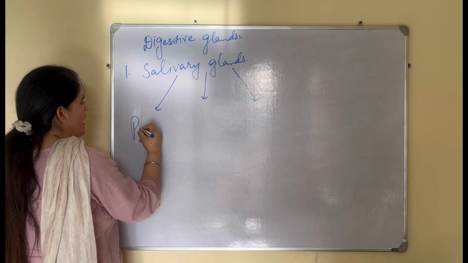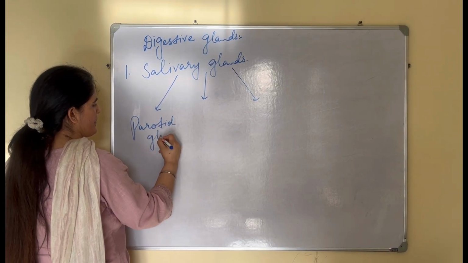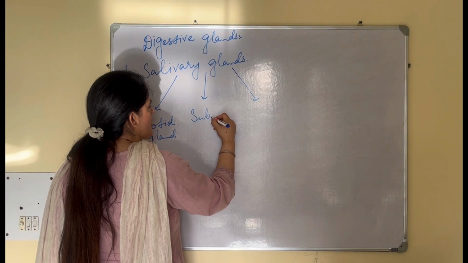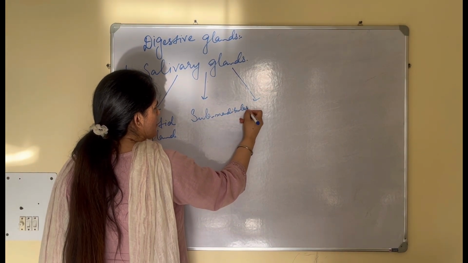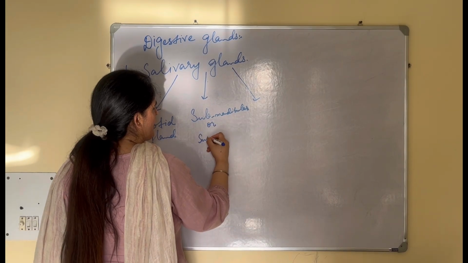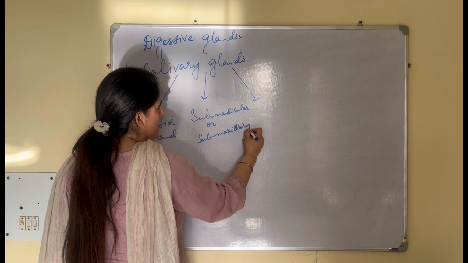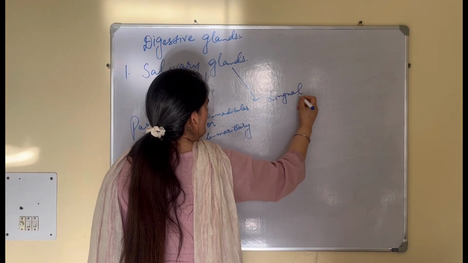The first type is the parotid gland, the second is the submandibular, also known as submaxillary gland, and the third is the lingual gland.